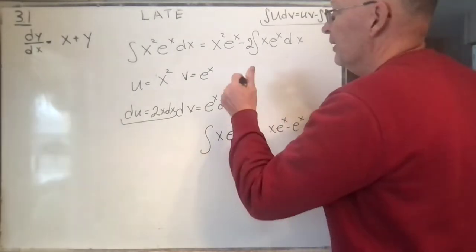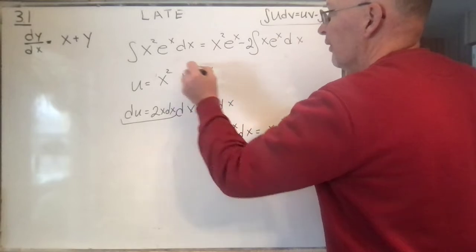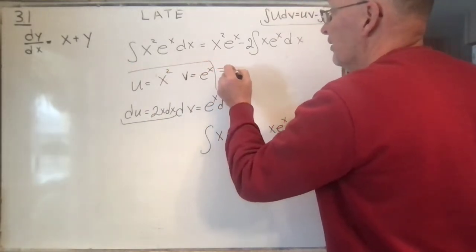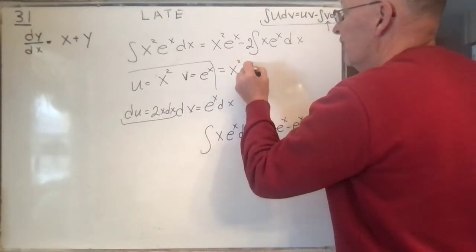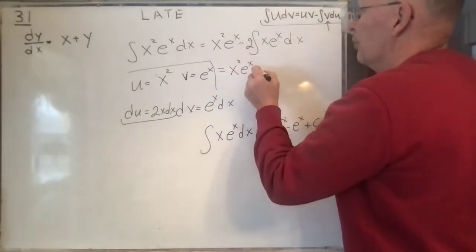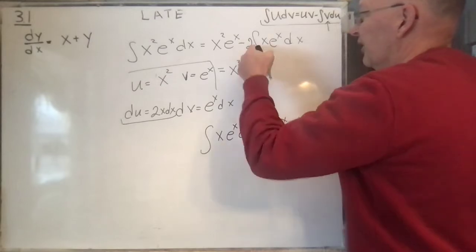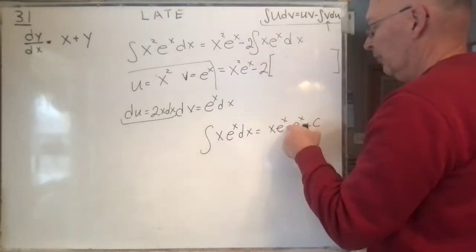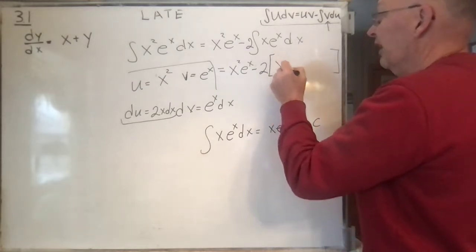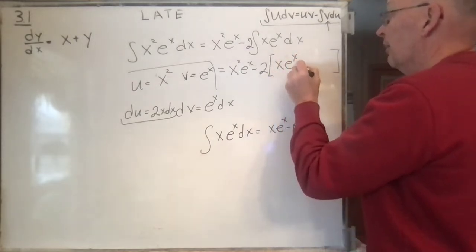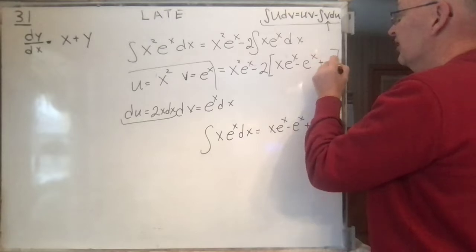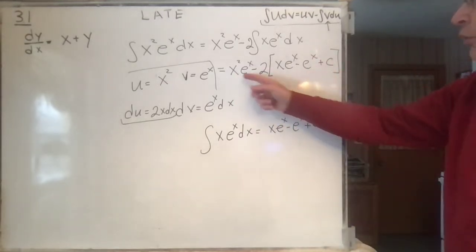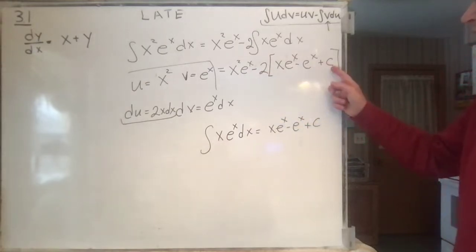So then this becomes a bookkeeping problem. You have to be very careful. Let me block this off here. So I'm going to write minus x squared e to the x. Now be very careful. Put negative 2. That's there. Now for all of this right there, I'm going to put this stuff in. X e to the x minus e to the x plus c. And then you can go ahead and distribute the 2 through, and 2 times c is still just a c.